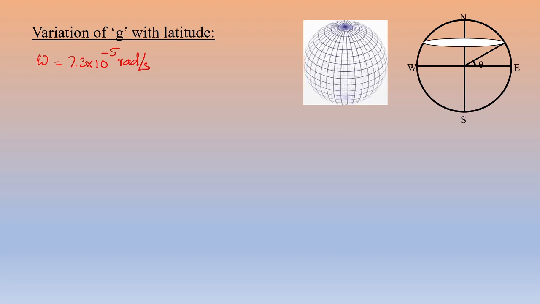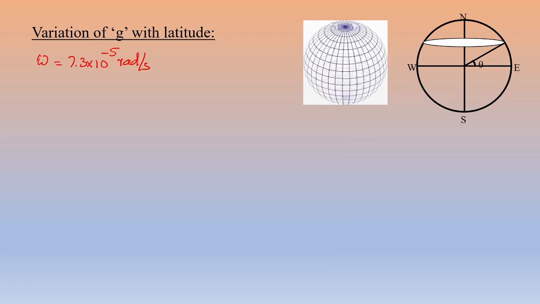Okay. So as the body is rotating about its own axis, what happens to an object placed on the surface of the earth? The body on the surface of the earth experiences an acceleration due to the rotation of the earth.